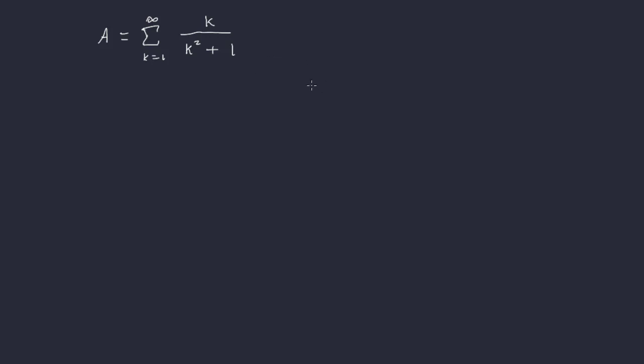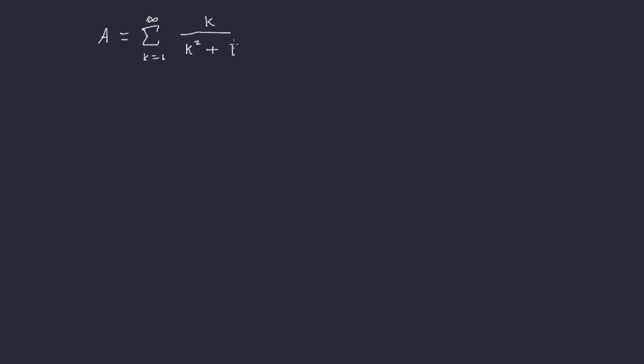Okay, now what we do need to check on is whether this is positive, and it should be positive because all our k's are going to be positive, so that shouldn't be a problem. The real problem would be decreasing.